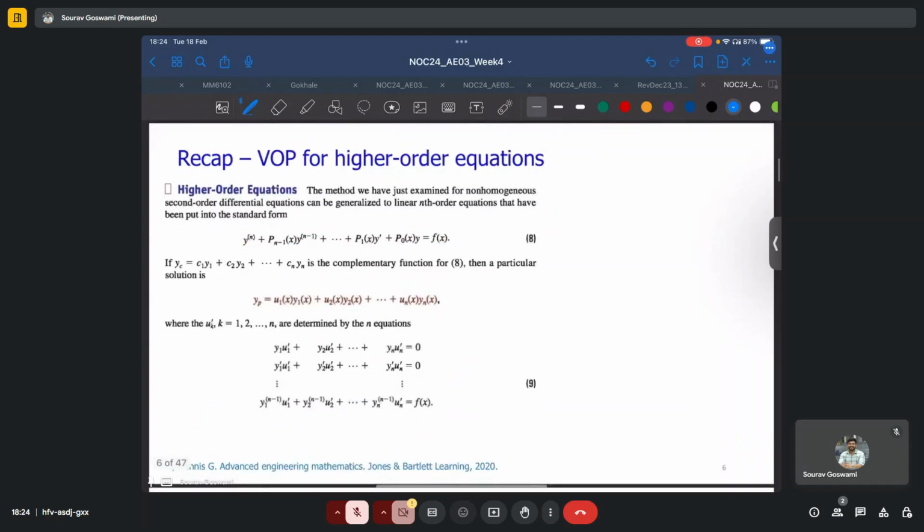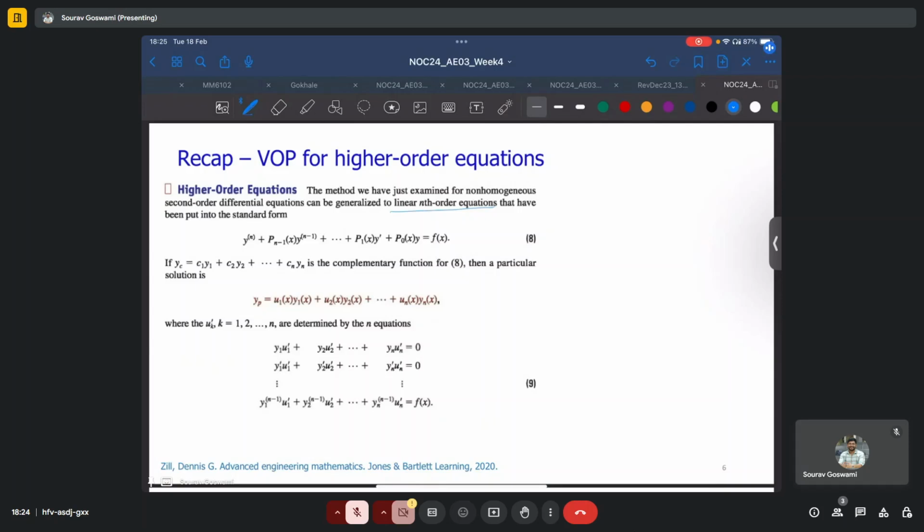So, say for the linear nth order equation of the form: the nth derivative of y plus p(n-1) times the (n-1)th derivative of y plus and so on, plus p1 times y prime plus p0 times y equals f of x.